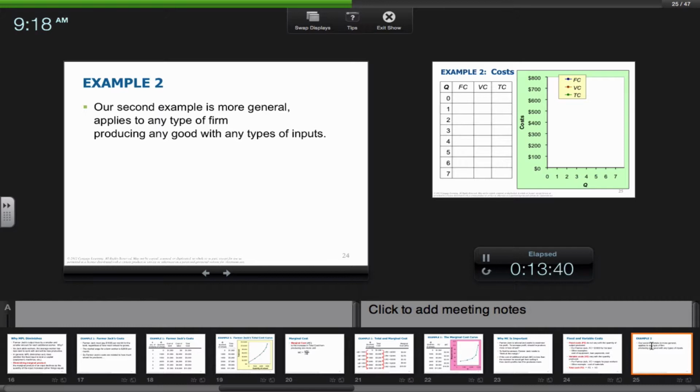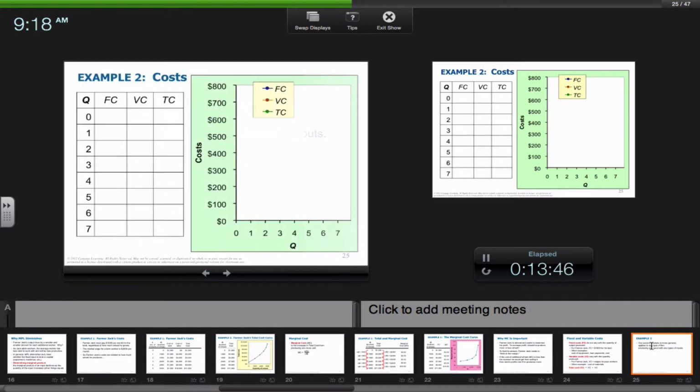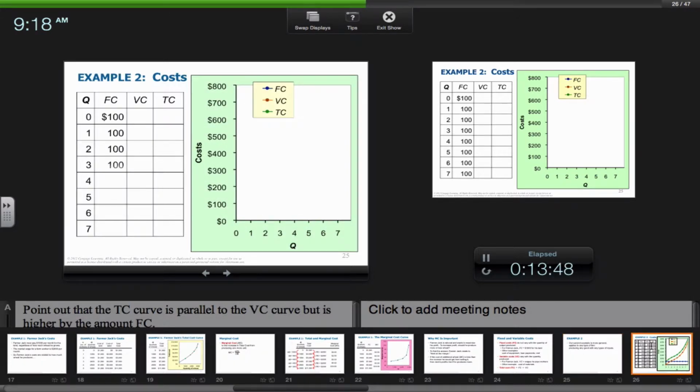Okay, so we're going to leave Farmer Jack in the dust and look at some more generalized examples here, okay? This firm, we don't know what it is that they produce, but they have fixed costs of $100. They produce widgets, okay? So here's our fixed cost line.